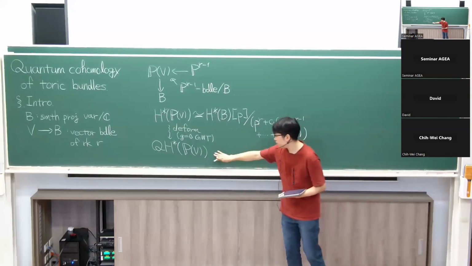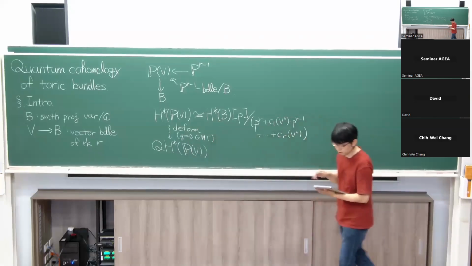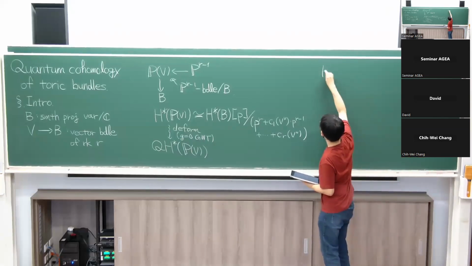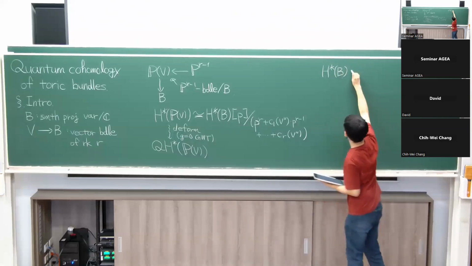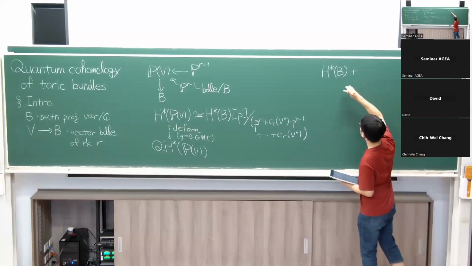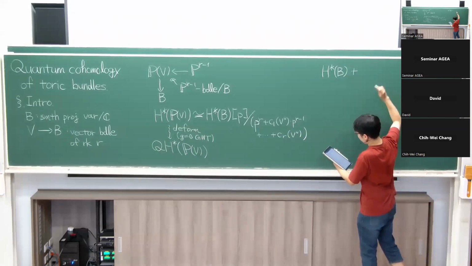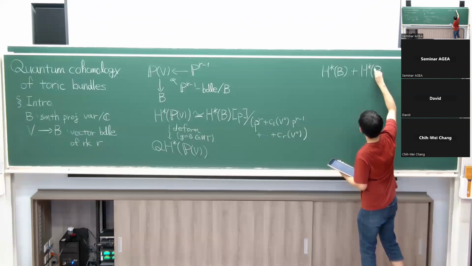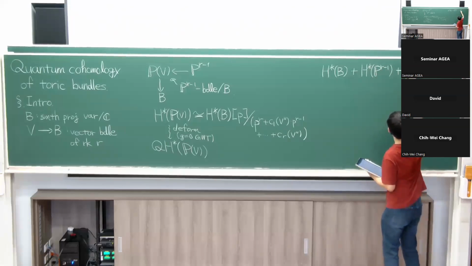Anyway, we have a deformation of usual cohomology. Now, as explained, the cohomology of the total space can be understood by the cohomology of the base space and the cohomology of the fiber and its gluing data.